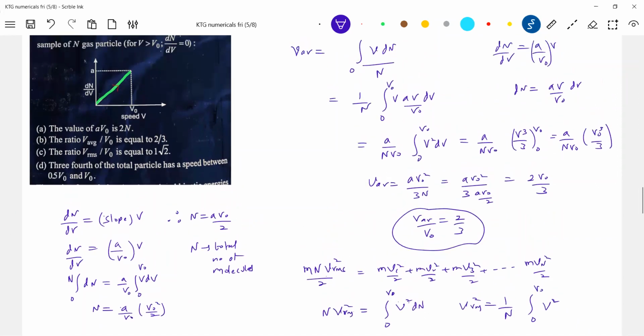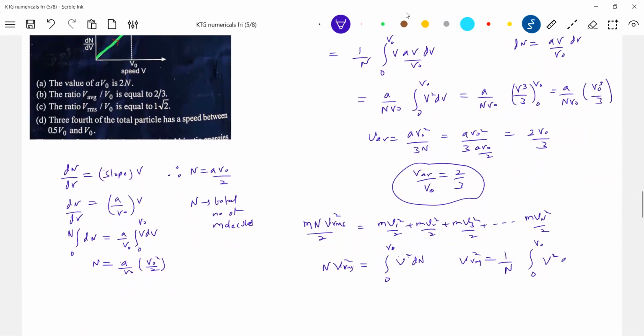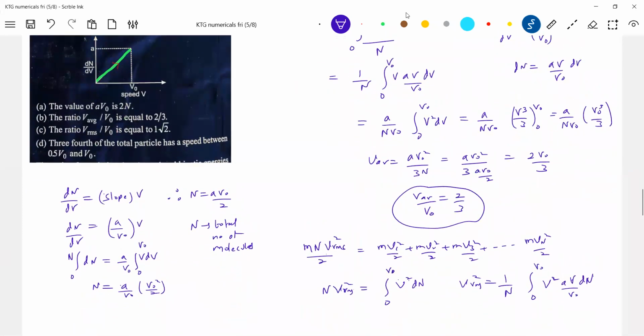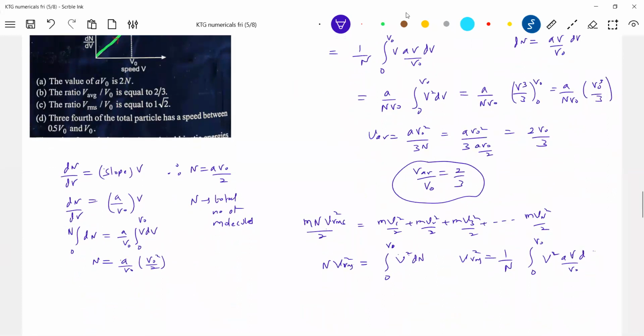Again, in the beginning we wrote it: (A v by v naught) dv. So v RMS square is equal to A by N v naught, v cube dv from 0 to v naught.